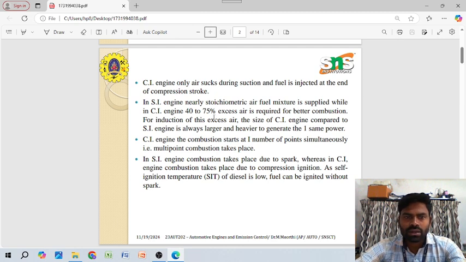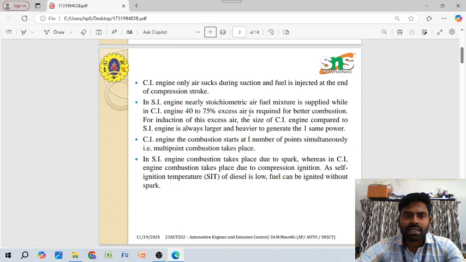First we should know what strokes we have in the compression ignition engine, the role of each stroke, and what happens in each stroke for the combustion process. In the CI engine it starts with the suction stroke, in which only air enters the combustion chamber.